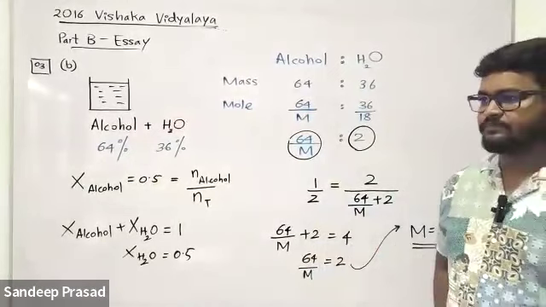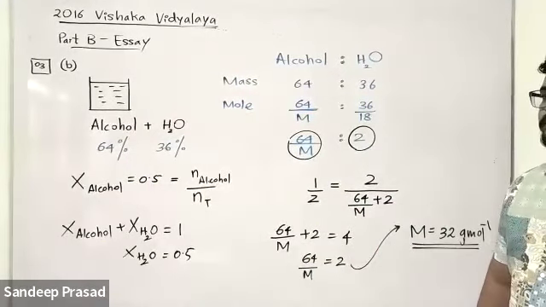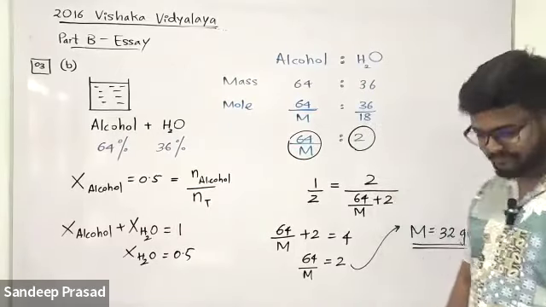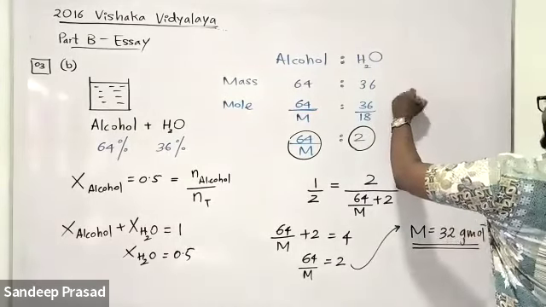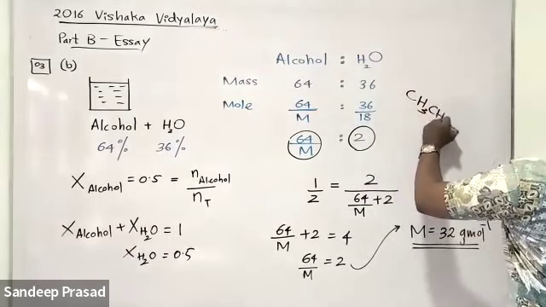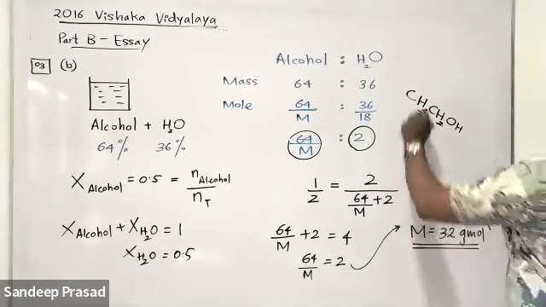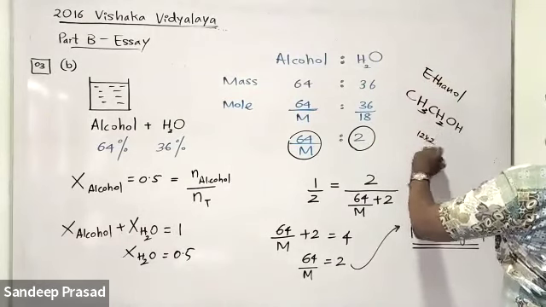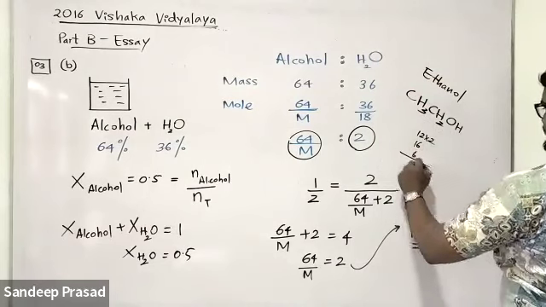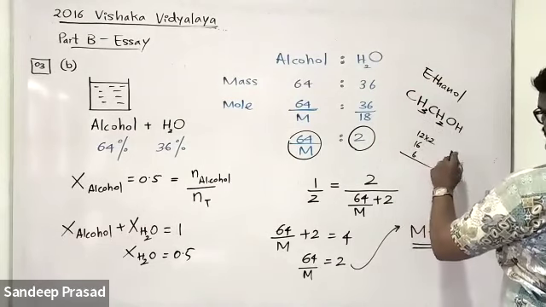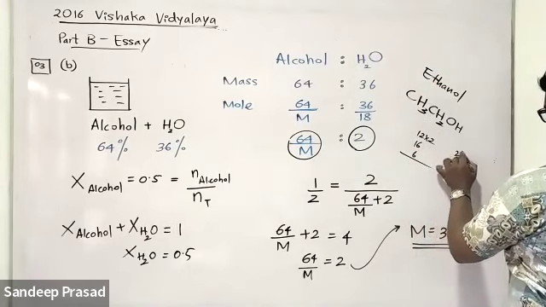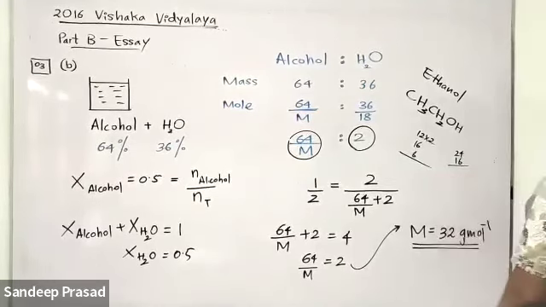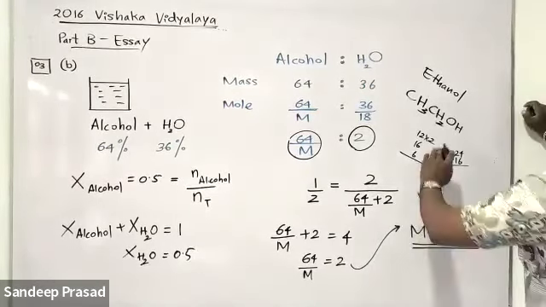No, Sachin, that's not the molecule. Yes, Asma, correct. Actually, this can be ethanol, CH3CH2OH. Okay, ethanol, because two carbon atoms are there, one oxygen and six hydrogens. So 24, 30, 24 plus 16 is not 32, so it is not ethanol.